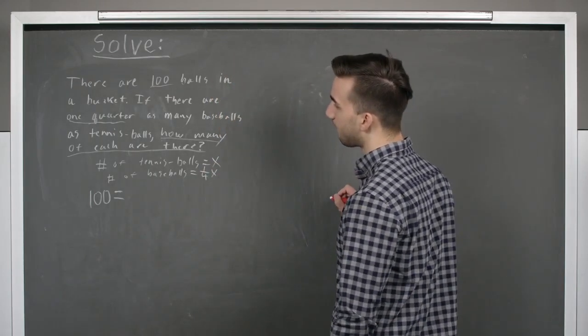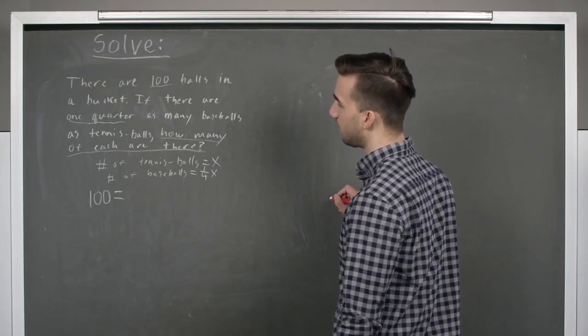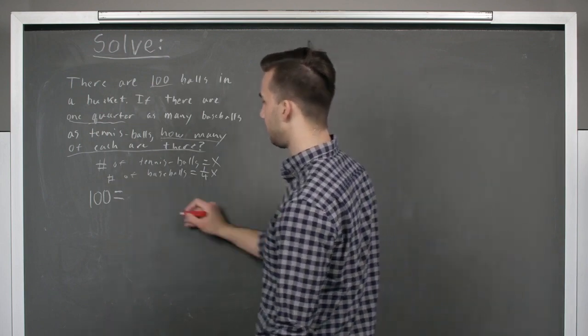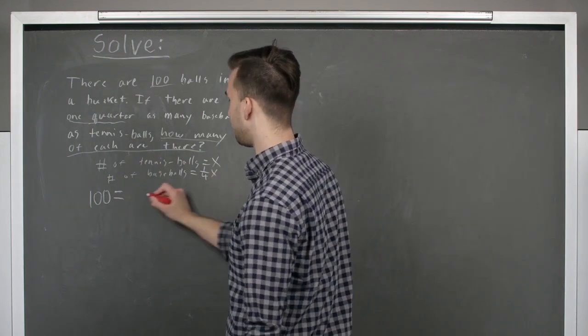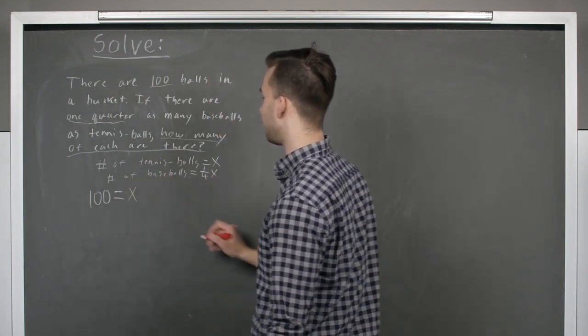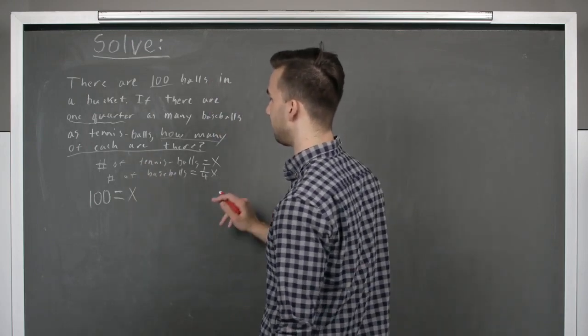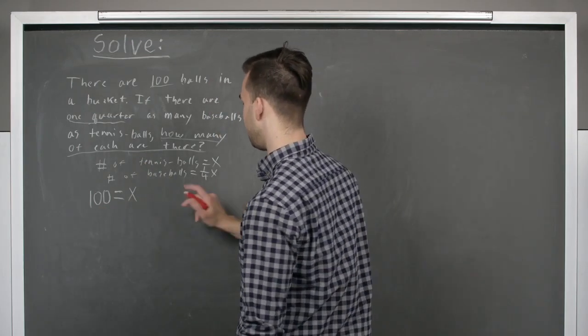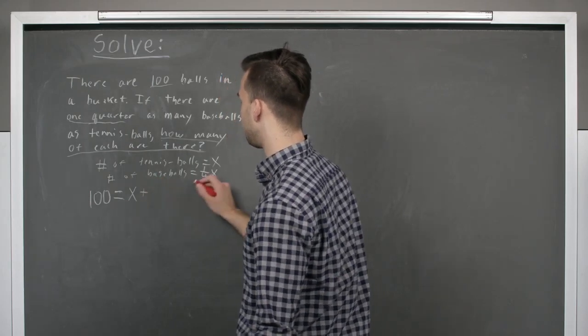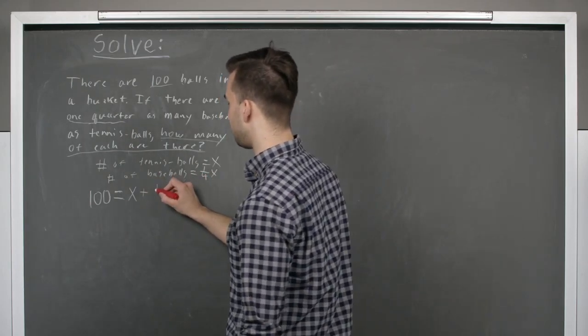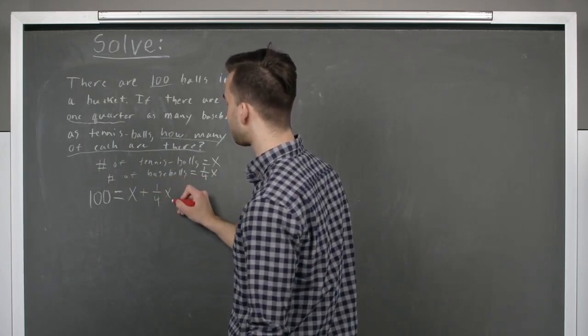So how can we write this? We know that the number of tennis balls in the bucket plus the number of baseballs in the bucket is equal to 100. So x plus our number of baseballs, 1/4 x.